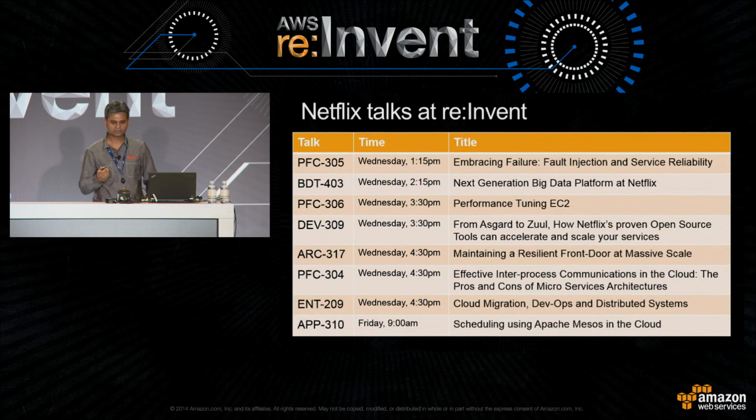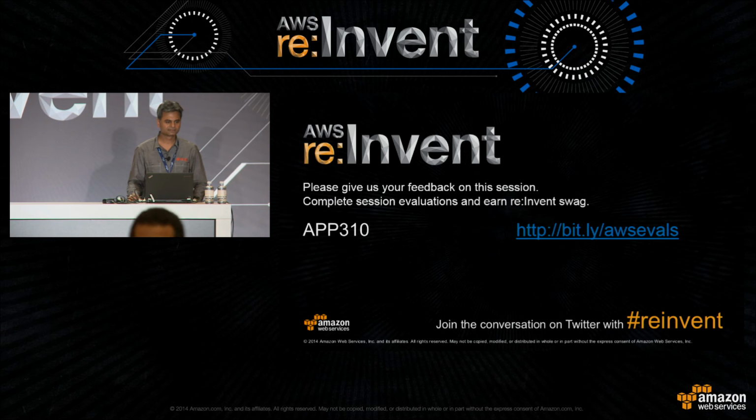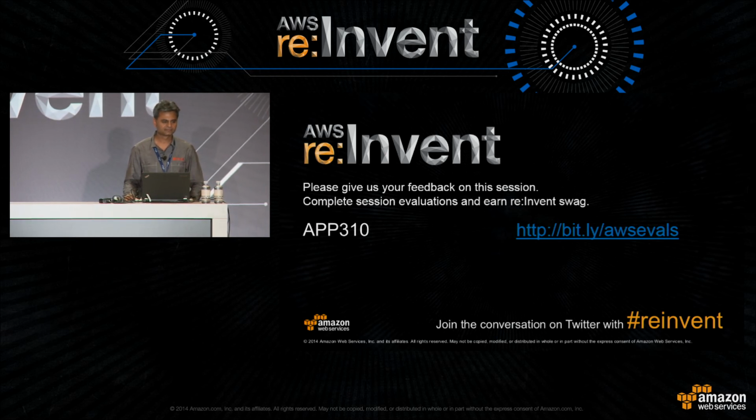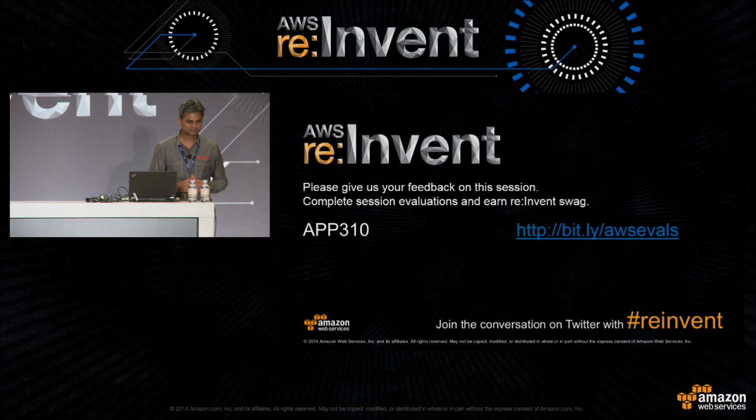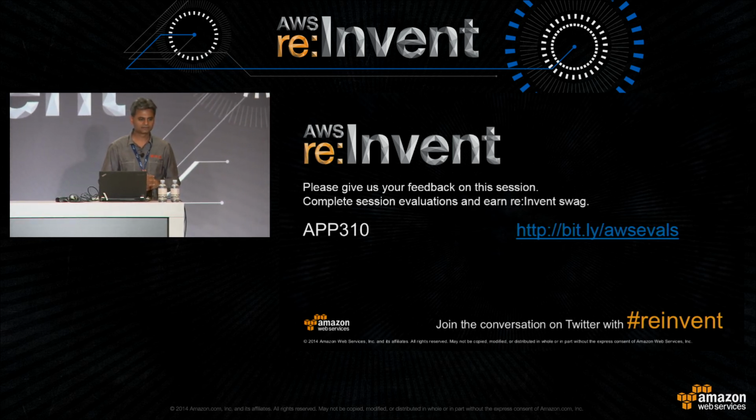So I think we have a few minutes. We can take questions if there are. Yes? So yesterday during the keynote, they announced the container scheduler ECS as the core. And I don't know anything about it, but I saw the demo, and it seemed they're doing bin packing the exact same way. Packing as much as possible.